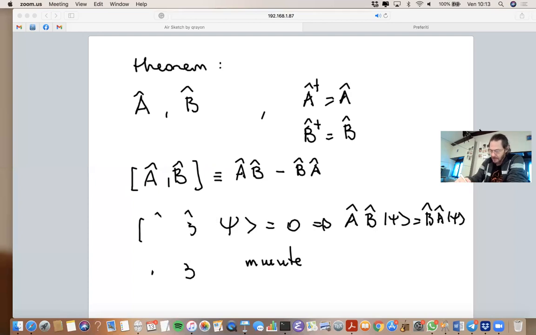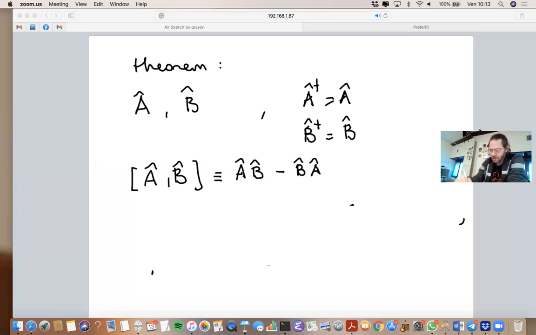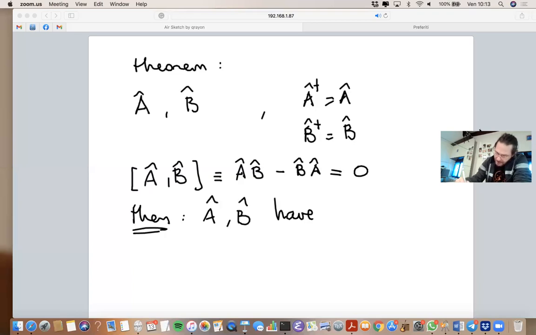Now, given two Hermitian operators, assuming that they have a 0 commutator, so it doesn't matter which one acts first, then A and B have the same set of orthogonal eigenstates.